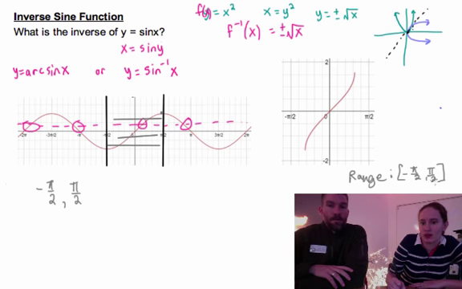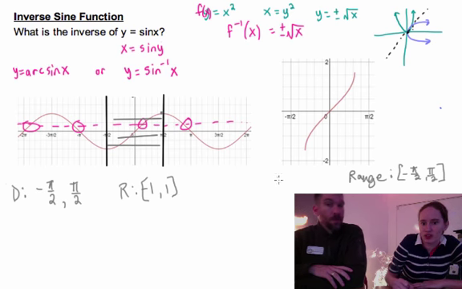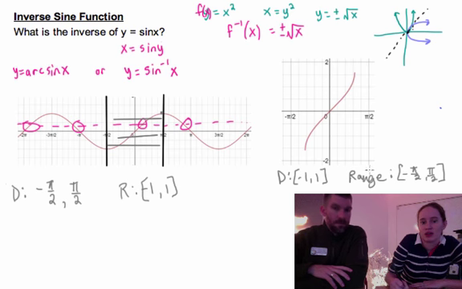Sine's range is normally from -1 to 1, and so our domain, because the x and y trade places, is from -1 to 1.